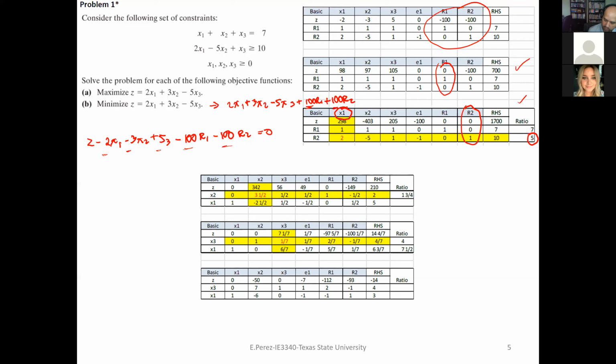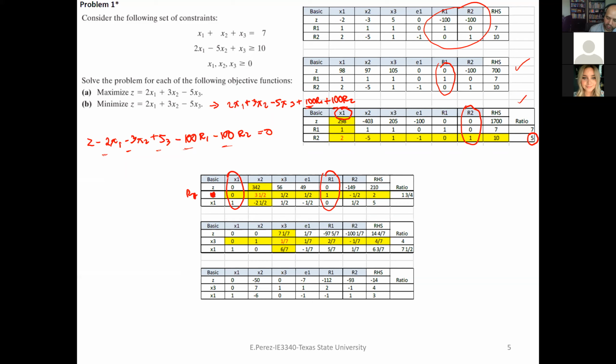Sorry, this should be R1. So you see here we have x1 and R1 as our basic variables.